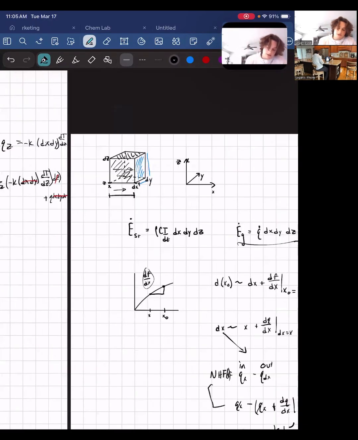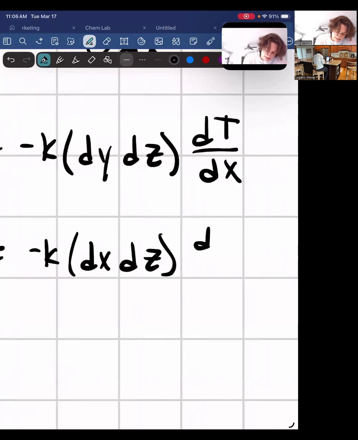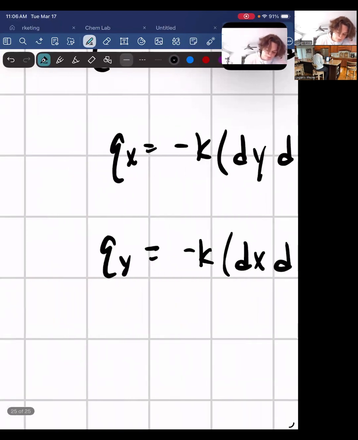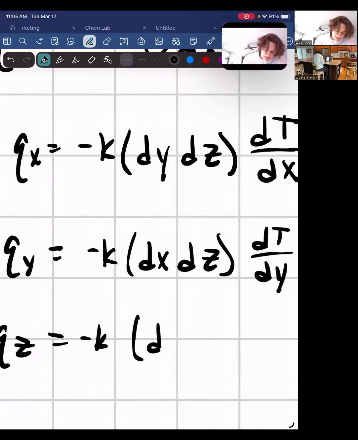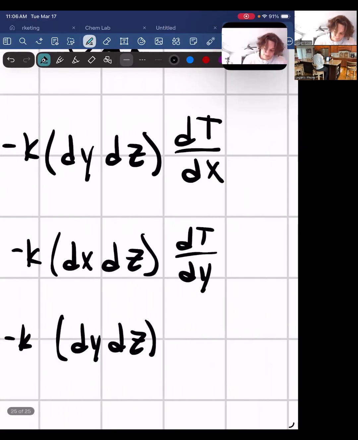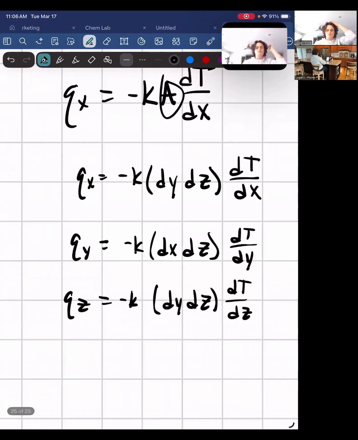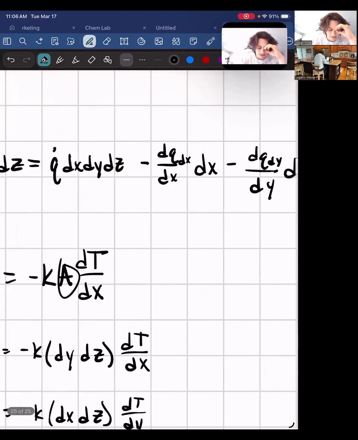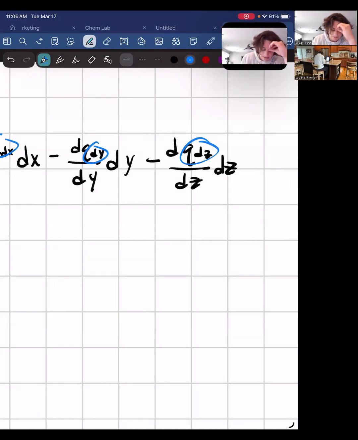So when we go into here, we have minus k dx dz dT/dy, and then in the z direction, minus k dx dy dT/dz. And so we now have all three of our q's. And so we can plug these into our equations respectively here, here, and here.